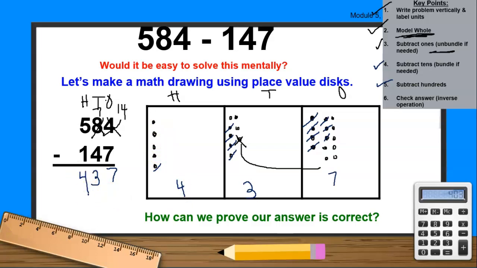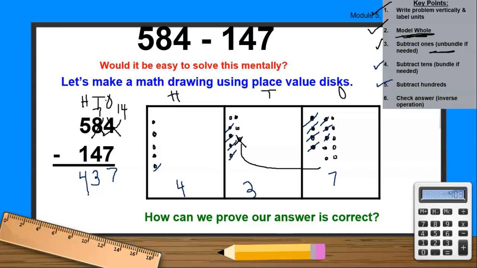Okay, boys and girls, thank you for working this problem. Let's complete the sentence. 584 minus 147 equals 437. How can we prove that our answer is correct, boys and girls?